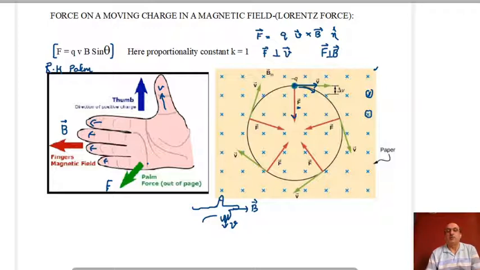Then the thumb will represent the direction of the Lorentz force.